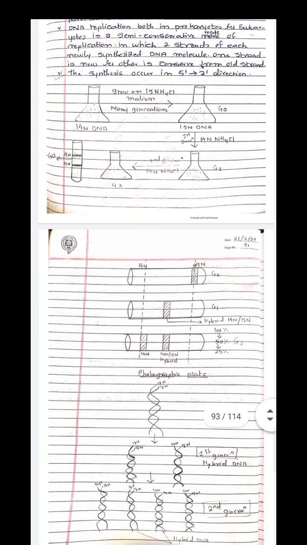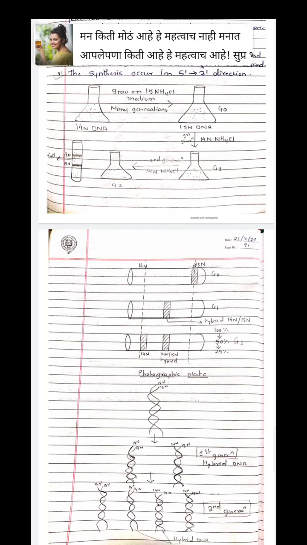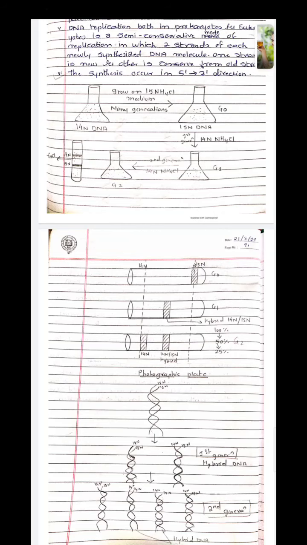So in the experiment, Meselson and Stahl grew the E. coli bacteria on a medium containing heavy isotope, that is 15N ammonium chloride.